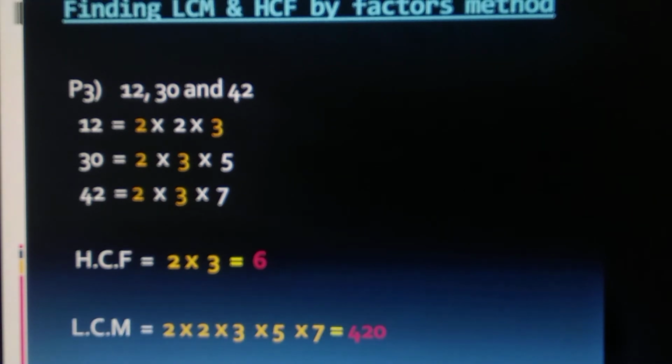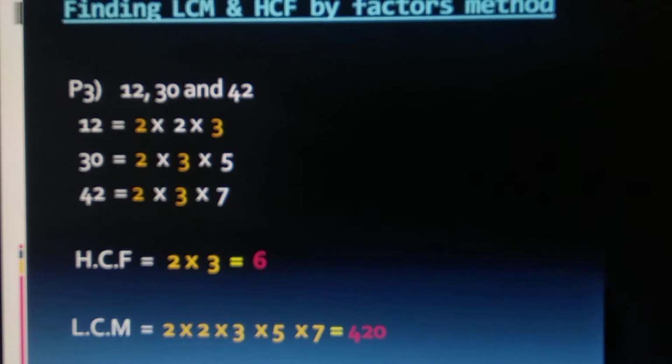And LCM, here you need to find the product of all the factors which are repeated maximum times in any one of the three factorizations. So here LCM is equal to 2, repeated 2 times at maximum, so 2 into 2. 3 is repeated only one time, so one 3. 5 is present only in the second, so one 5.